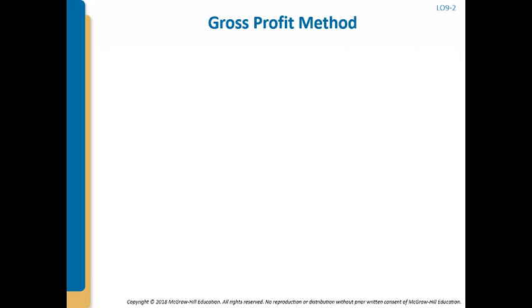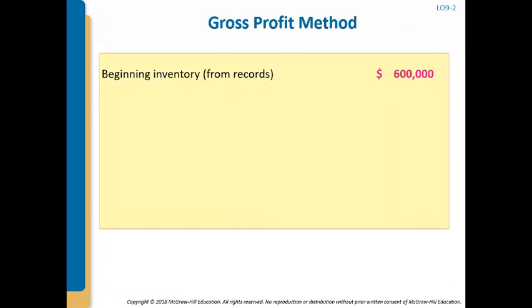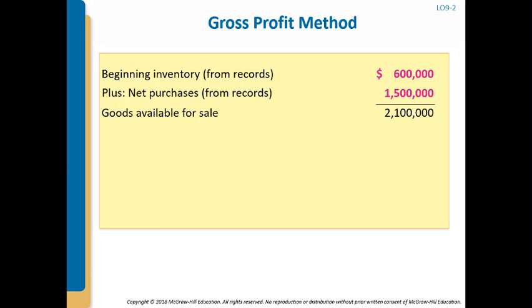Now, how do you do that? Well, it's based upon the relationship that, well, you know what your sales are, right? And therefore you should be able to figure out your cost of goods sold.